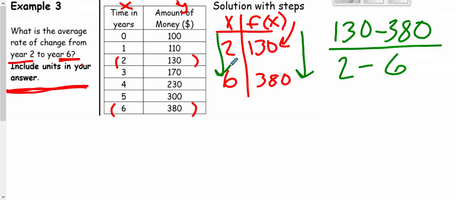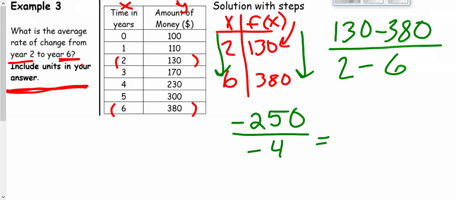So then we go through and we do our math. 130 minus 380, negative 250, over 2 minus 6 would be negative 4. And I know that a negative divided by a negative will make a positive.